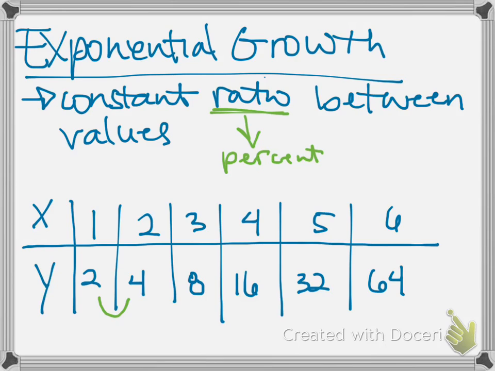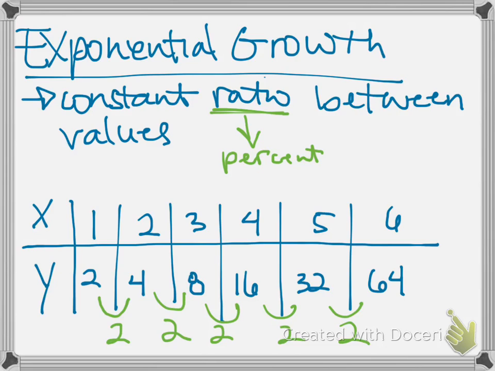So I'm going to divide 4 by 2, and that gives me my ratio of 2. Then I'm going to divide 8 by 4. That gives us the ratio of 2. Then divide 16 by 8, ratio of 2, and so on and so forth. So you can see that in this exponential growth example, even though we're using the same constant in our exponential example and our linear example, the exponential model grows much, much faster.